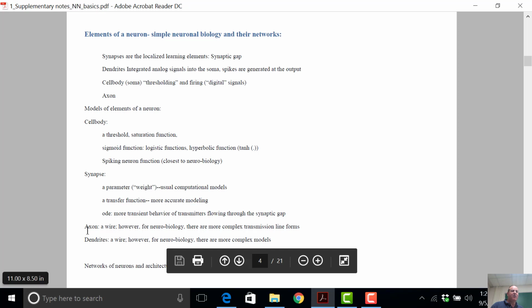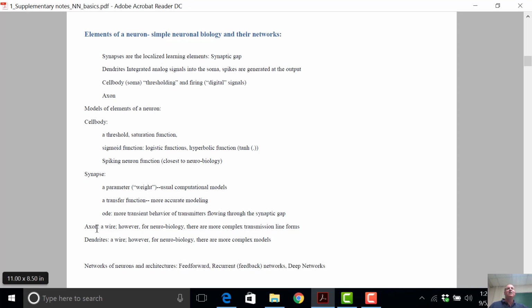For example, if I focus on the axon, in this model, the axon is just a transmission wire that transfers the firing, the output of a single neuron, to another neuron. In reality, obviously, this wire has dissipation, has capacitance. If you really want to get into it, there are a lot of detailed models about the true biological things. But because it's not an essential characteristic for what we intend to do, we drop that and just make it a transmission wire.